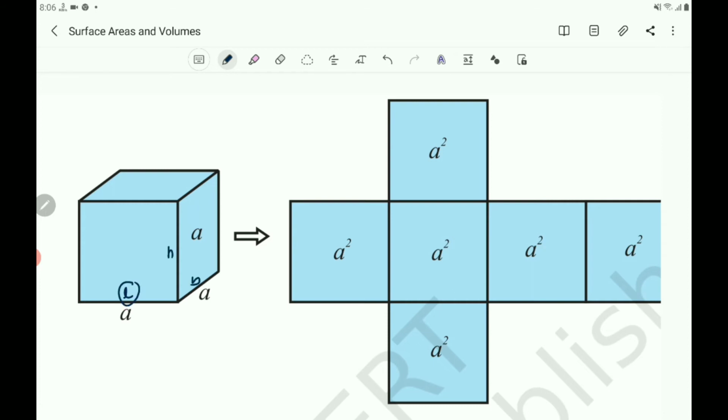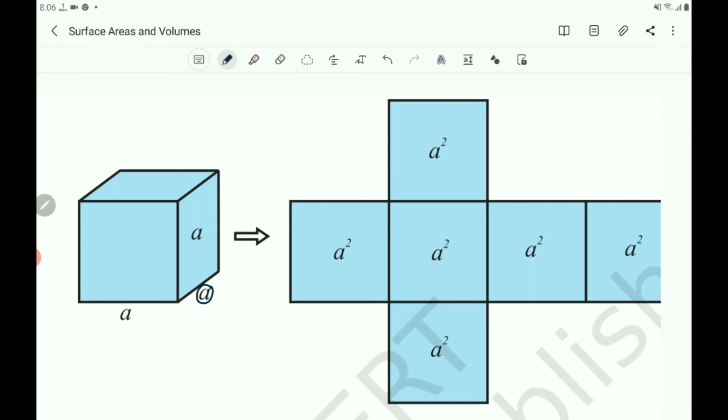Here L is equal to A, H is also equal to A and B is also equal to A. So if the length, breadth and height of the cuboid are equal, then it becomes cube. In cube, each edge is of equal length. If you consider that is A.